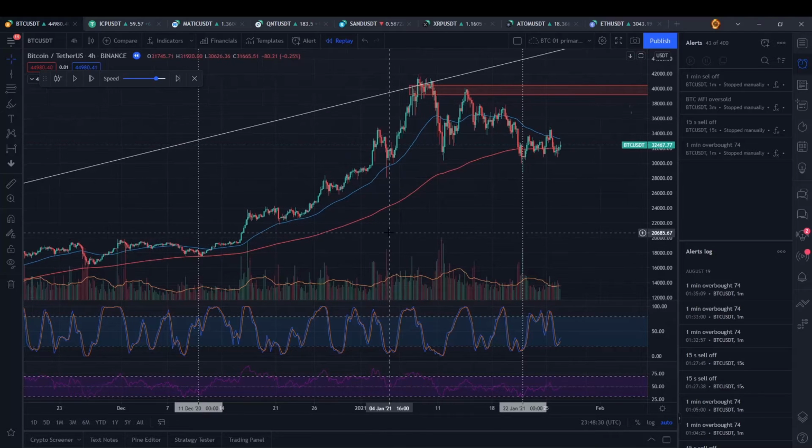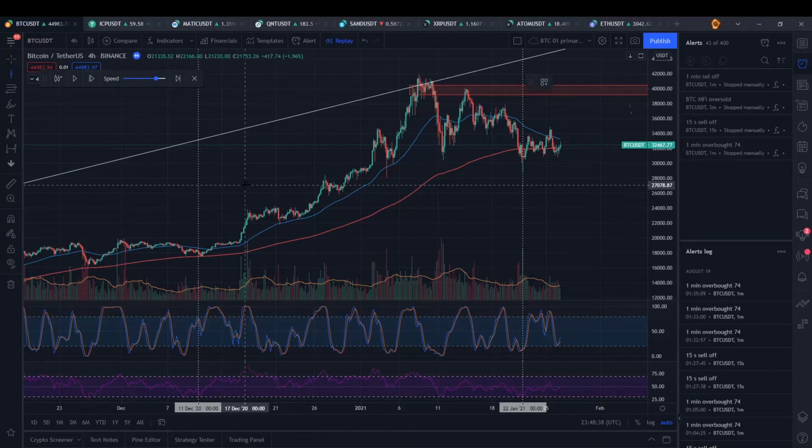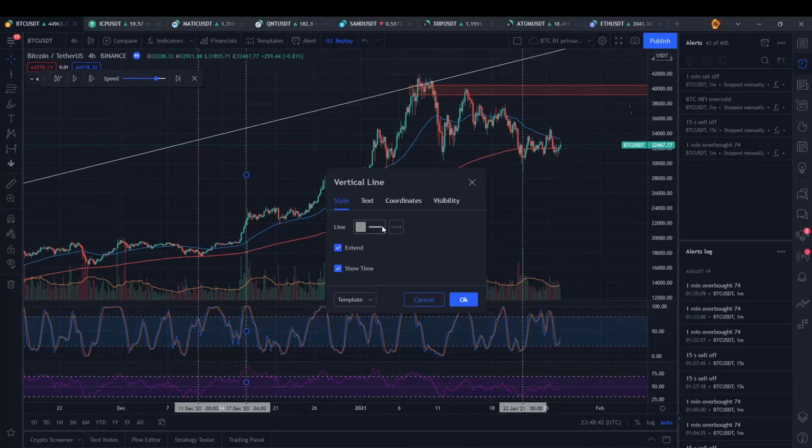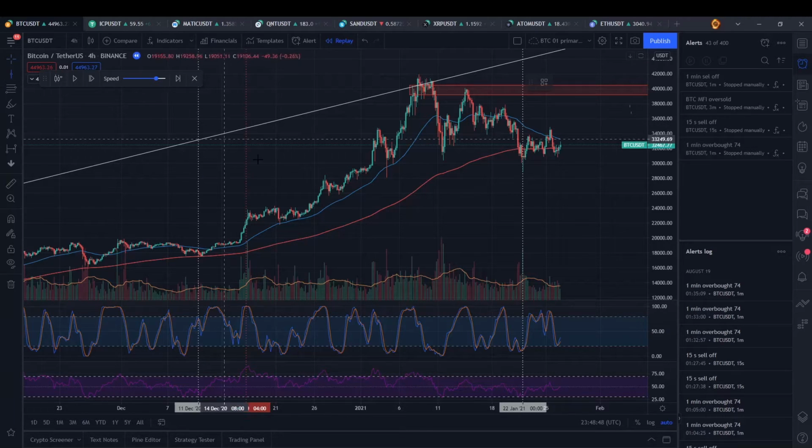And then when I did this, I marked, for example, here, let's just mark the overbought areas, and then see what happens on the larger time frames. Okay, so let's just mark the overbought in red on the 4-hour, and then let's just go to the daily and see what happens on those overbought areas.